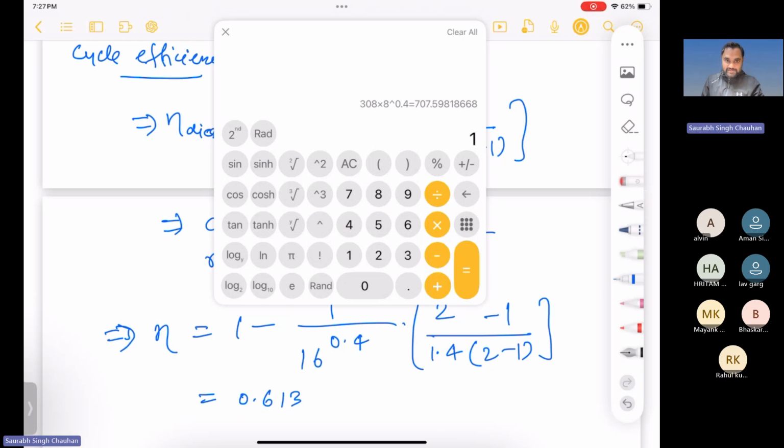In real engines, getting 61% efficiency is almost impossible. The most efficient engines we have today are around 40%, or at most 50%.